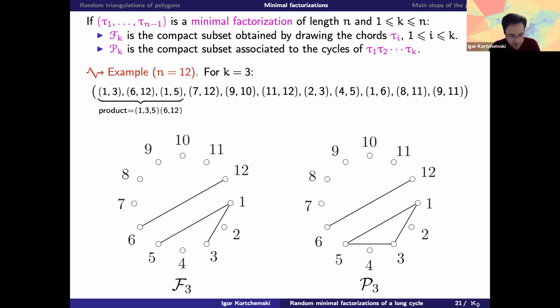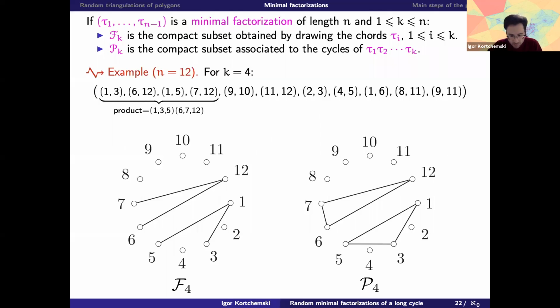So for example, if we read the third transposition 1, 5, on the left we add the chord 1, 5, but on the right, we do the product of the first three transpositions. We get this permutation, and we draw 1, 3, 5, 6, 12. So here I continue.